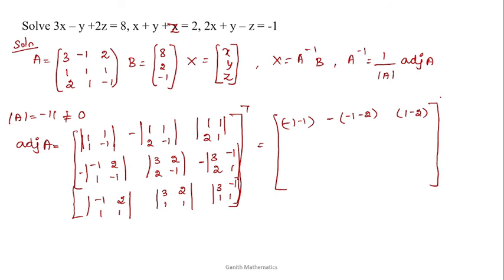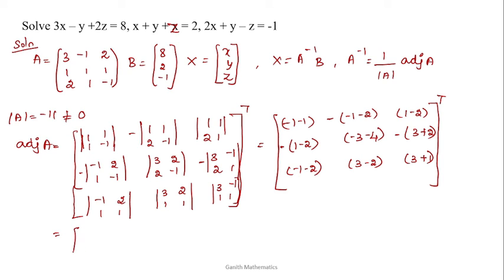You have to find the transpose of this. And similarly minus of 1 minus 2, and minus 3 minus 4, minus of 3 plus 2. Then minus 1 minus 2, 3 minus 2, 3 plus 1.